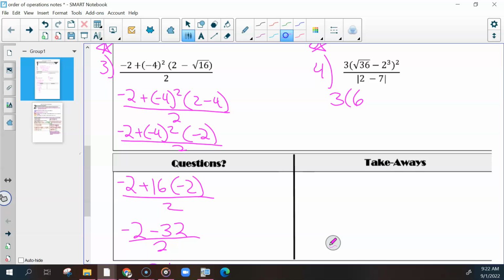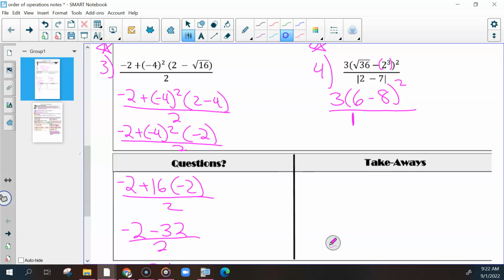In this case, we are subtracting, but I'm going to consider this to be by itself. It is 8. So if you weren't sure, you could do 2 times 2 times 2, and that would give you 2 to the 3rd, which is 8. And then 2 minus 7 would give us 5.